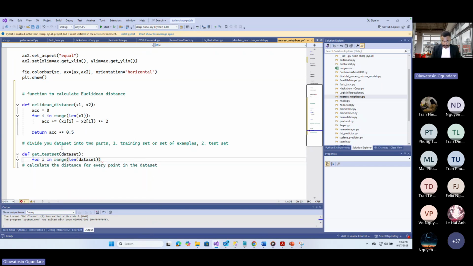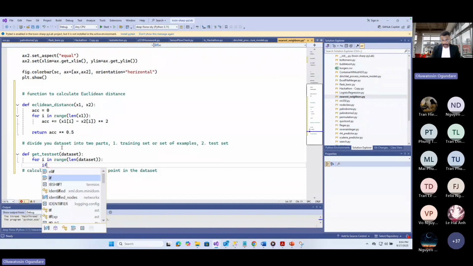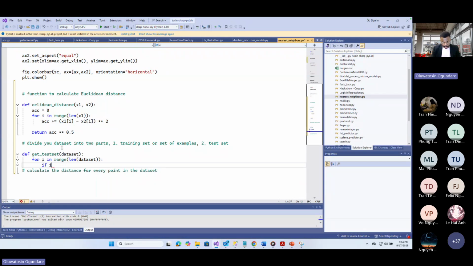We want to say if i modulo 8, or actually, we can calculate K like this.